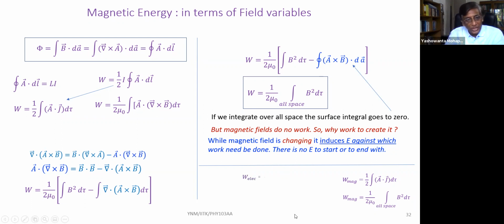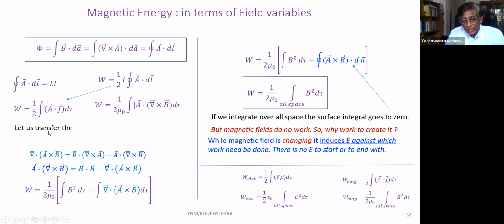Let me remind you. The electrical energy stored is half of potential times the source rho d tau. And similarly in terms of field quantities, the energy stored is epsilon by 2, E squared d tau over all space. So there is a one-to-one similarity between the two. One must note that.